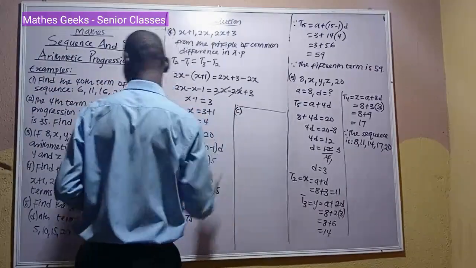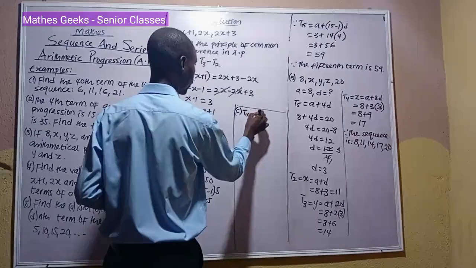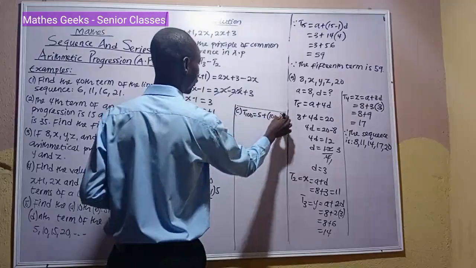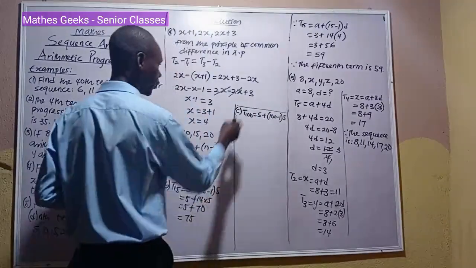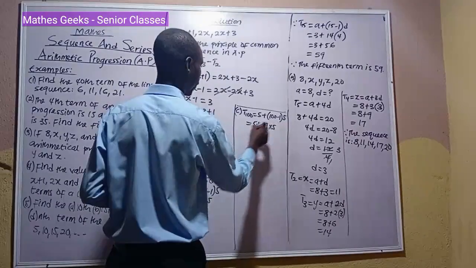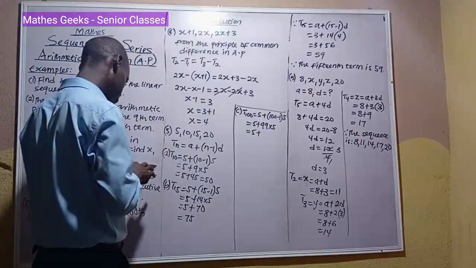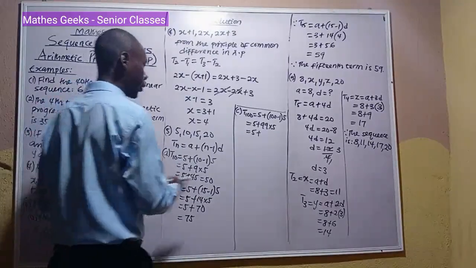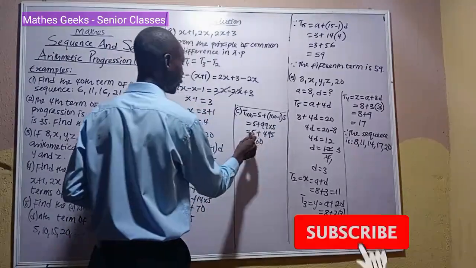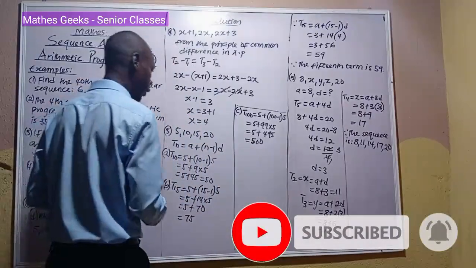C. The 100th term. T100 is equal to 5 plus 100 minus 1 times 5, which is the common difference. That will give us 5 plus 99 times 5. 5 plus 495. That's equal to 500. So the 100th term is 500.